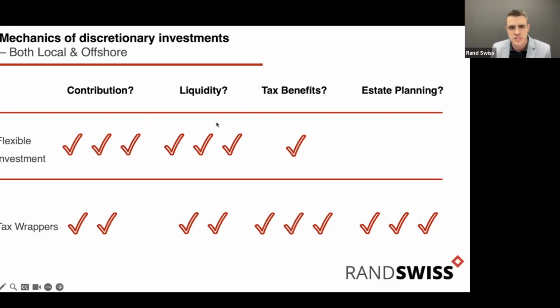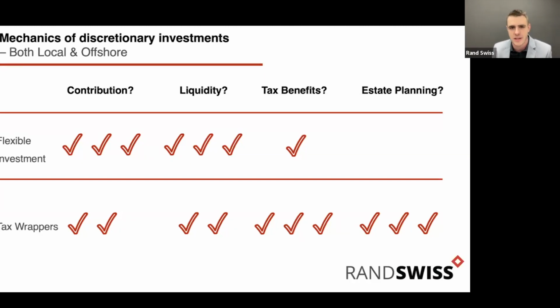The problem with such a simplistic vehicle is that when it comes to complex tax, it doesn't offer those tax benefits. That's why with tax benefits, we've only given it 1 star. The reason we've done that is because every single South African investor is given a 40,000 Rand capital gains tax allowance. So if you have a unit trust and you're within those parameters, you actually don't have to pay capital gains tax up to a certain amount.